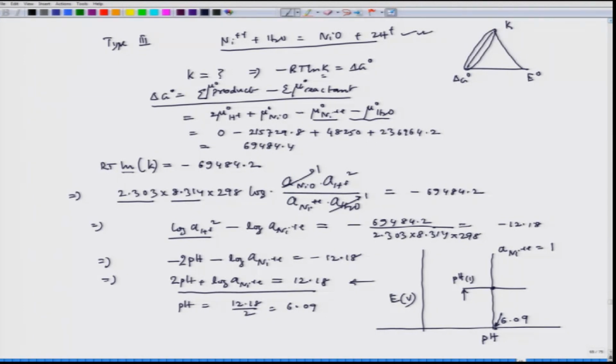So, since I am increasing the H plus ion concentration, in order to maintain the equilibrium constant, the system should go the reverse way. So, the Ni plus plus ion should form. So, this side is Ni plus plus.